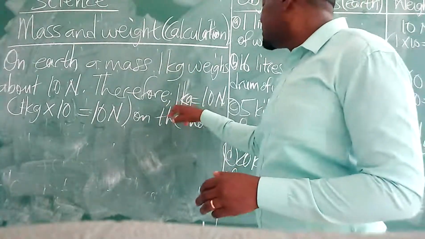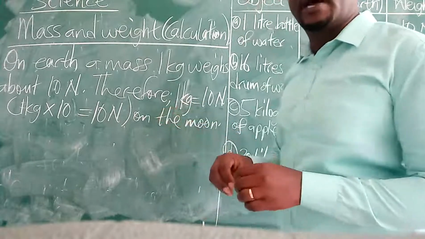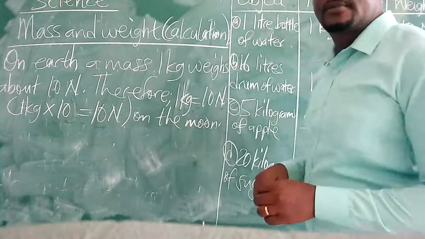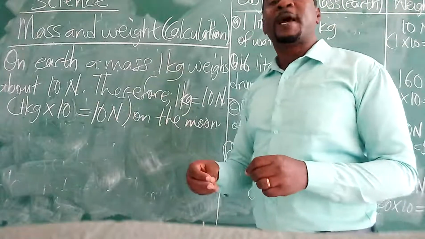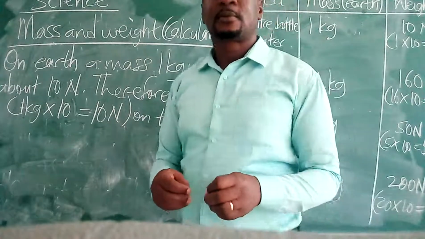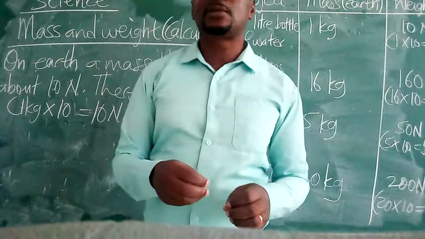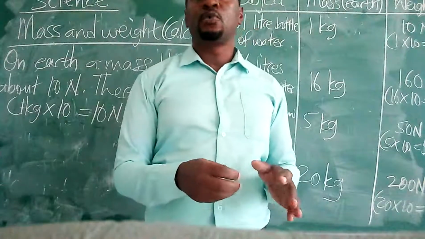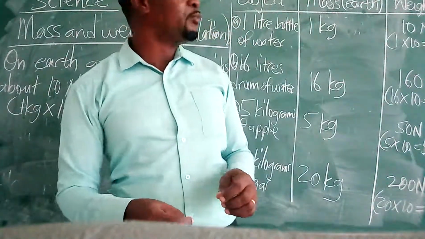So any number that they will give you in kilogram, that's the mass on the earth, you have to multiply that number by 10. And it will be the weight on the moon.